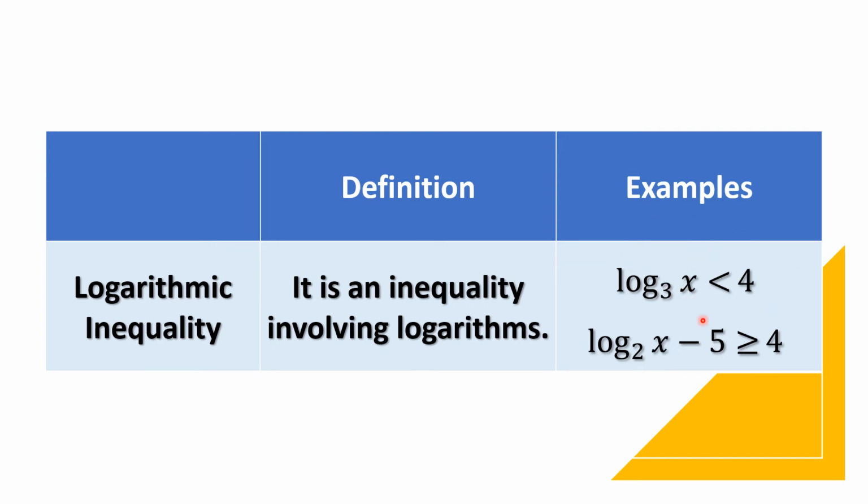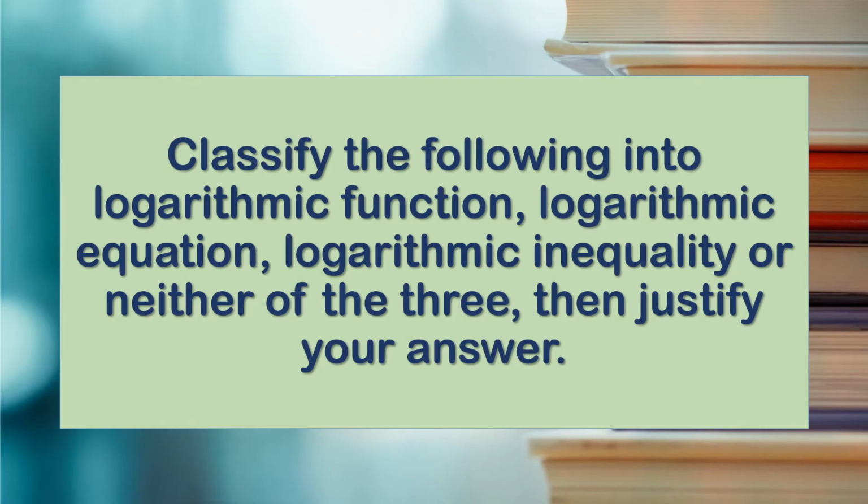Examples: the log of x with base 3 is less than 4. The log of x with base 2 minus 5 is greater than or equal to 4. Given the definitions of logarithmic function, equation, and inequality, we can answer this activity very well.